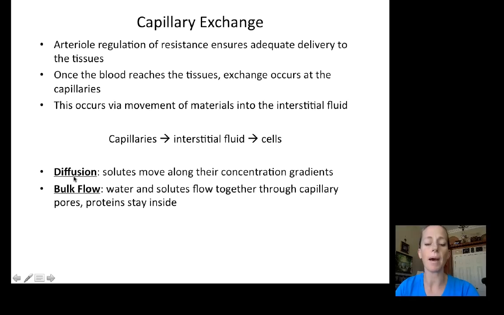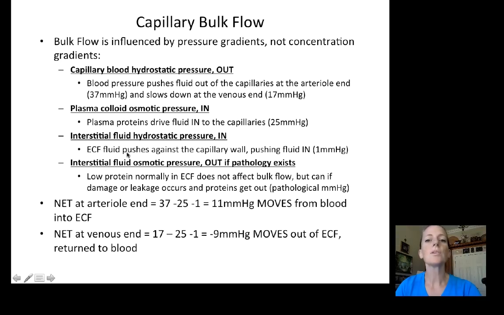So we're going to think both about diffusion forces on water and bulk flow forces on water that are affected by blood pressure. So bulk flow is what is occurring in the capillaries. Bulk flow is influenced by pressure gradients and not concentration gradients.